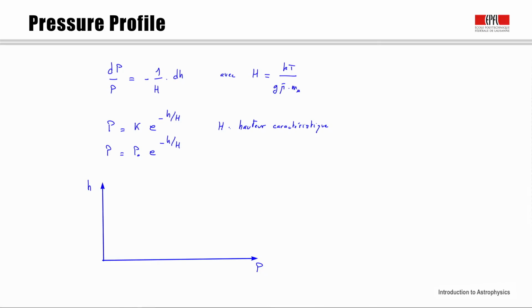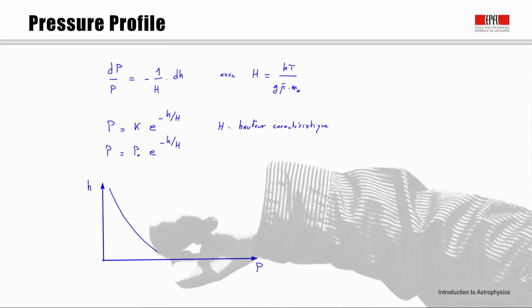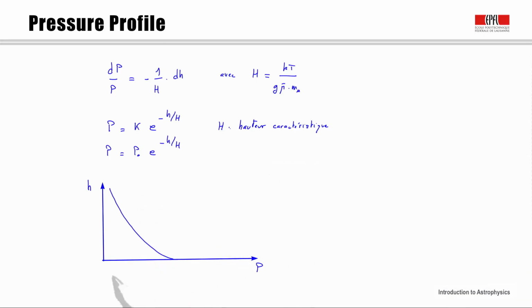The pressure profile is an exponential curve, which looks roughly like this. Here is the zero altitude, so the pressure at this point is P0. At this point, where h equals H, the pressure is P0 divided by e.